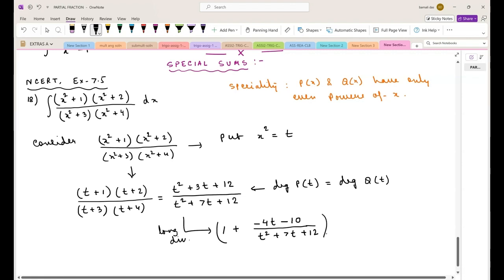Now what we'll do is, the second portion we will apply partial fraction.